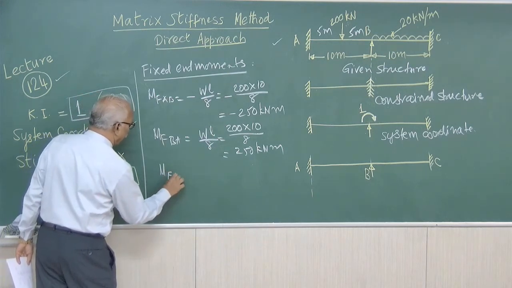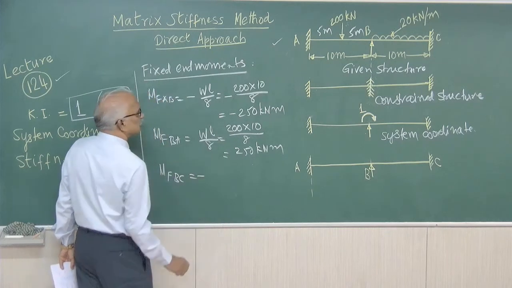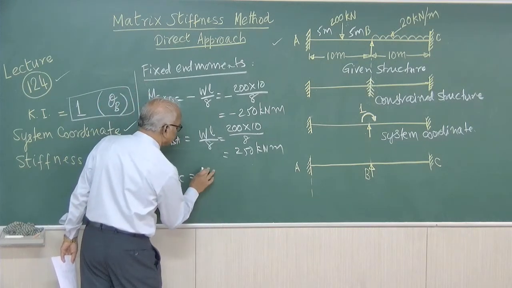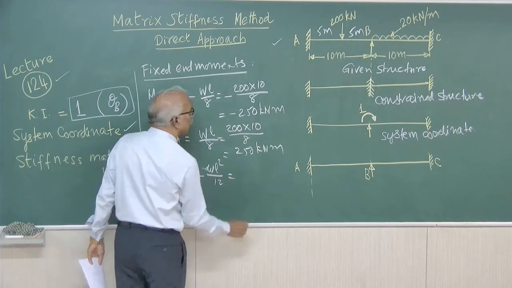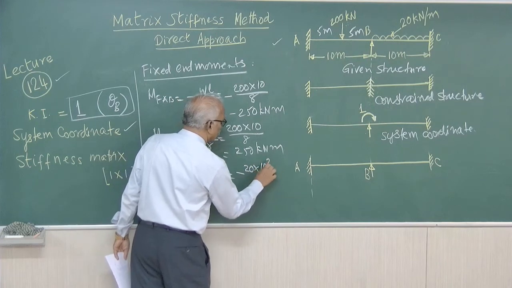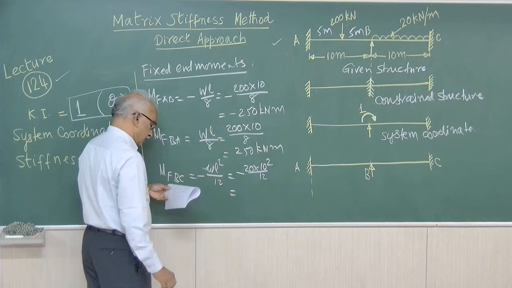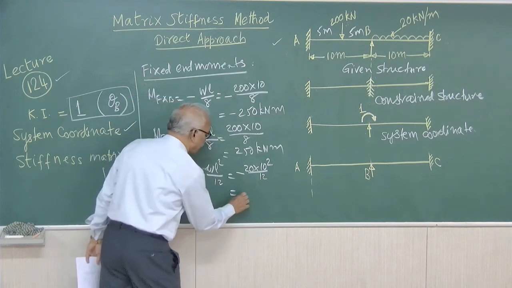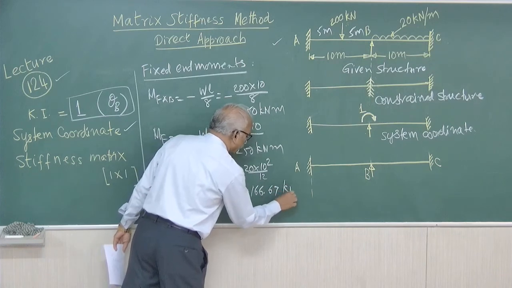MF BC, it is a UDL, so minus WL square by 12, equal to minus 20 into 10 square by 12, equal to minus 166.67 kilonewton meter.